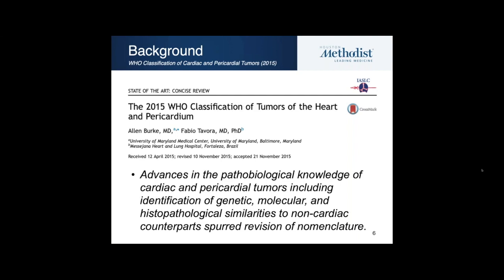This led to making the nomenclature much more simple and actually more generalizable to both cardiac and non-cardiac, and also enhanced understanding of syndromes related to primary cardiac neoplasia, which I'll go through examples throughout the presentation.